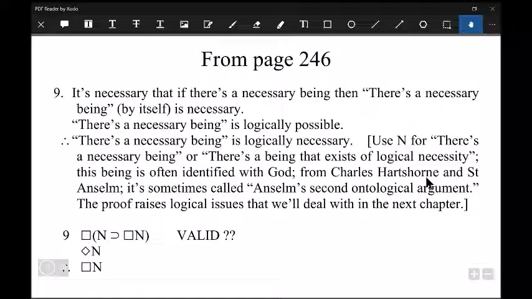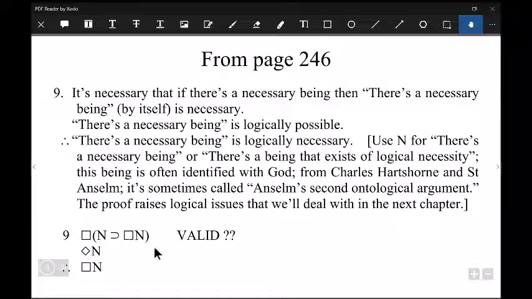Now, we can perhaps conceive the notion of a necessary being. What would that be? One that exists of logical necessity. If it exists at all, it exists of inherent necessity. And we might not initially know whether there are such necessary beings, but according to Hartshorne, we can say that it's necessary that if there is such a being, a necessary being, that it exists of inherent necessity.